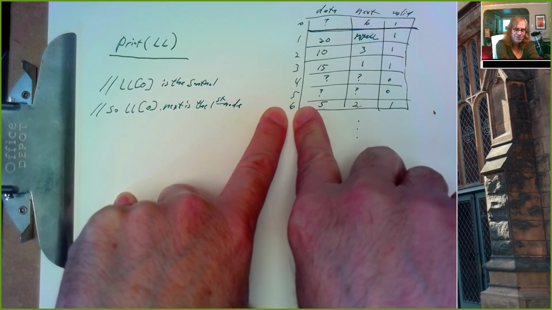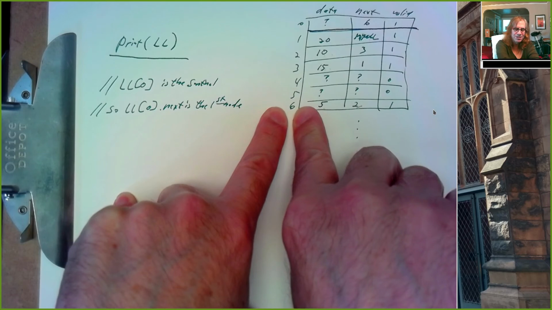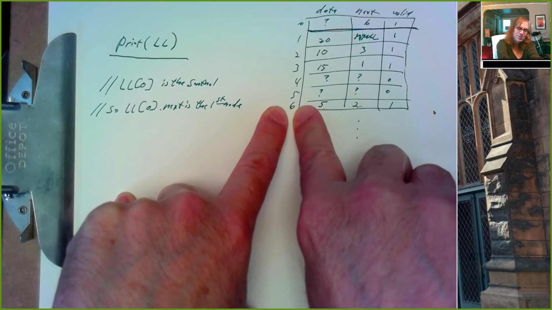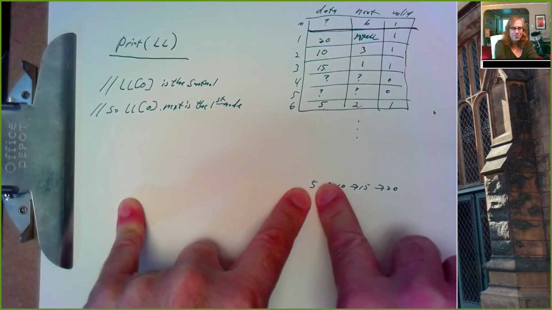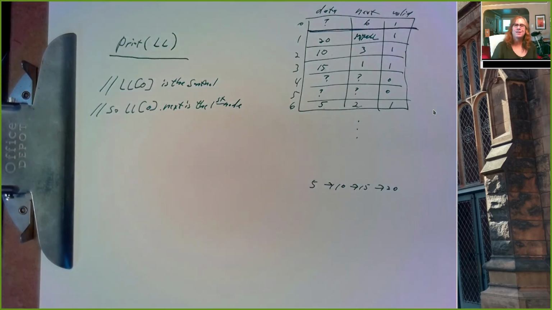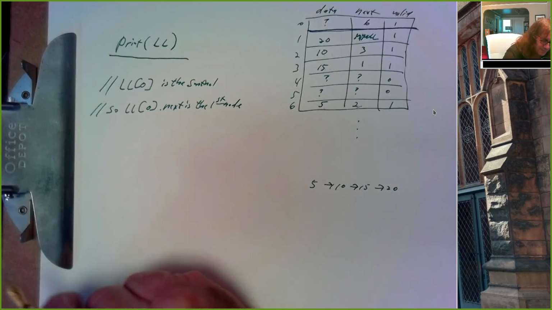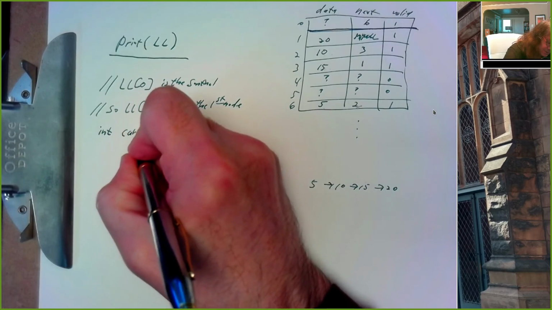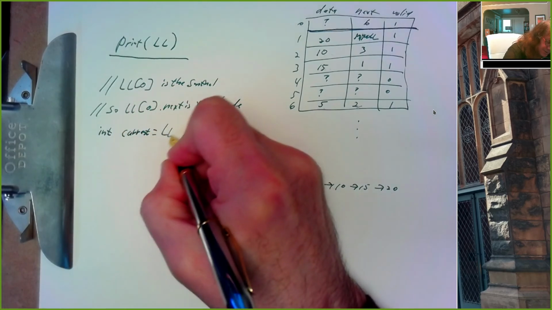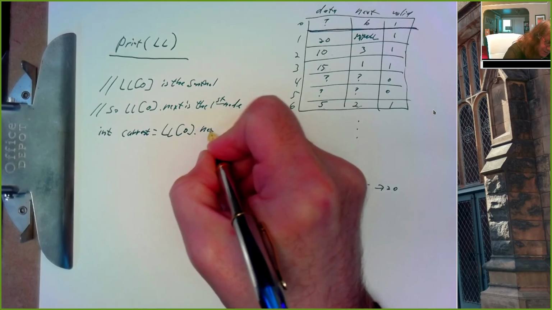And at first we need to keep them separate. We need to know if we're talking about the index, which is an integer, or the struct node, or this green 5 drawn on paper. But those 3 concepts will merge in our minds, and the more they're merged together, the more effective we are at writing code to manipulate data structures. So if we go strictly by the book, let me just make an integer called current and set it equal to LL bracket 0 dot next.